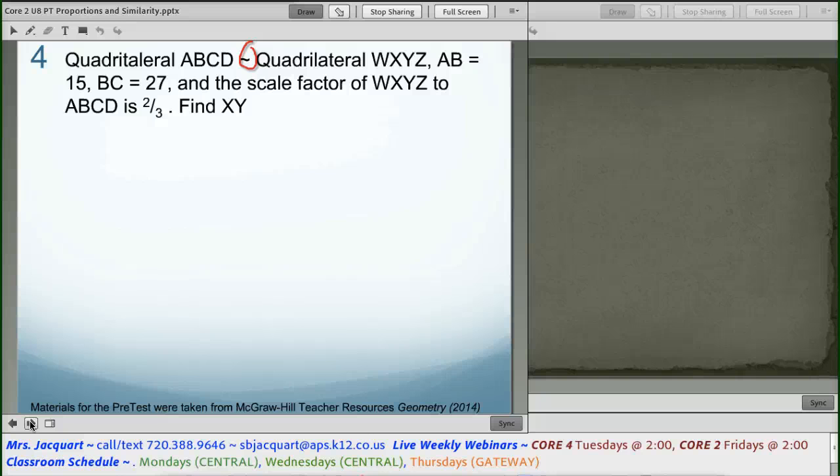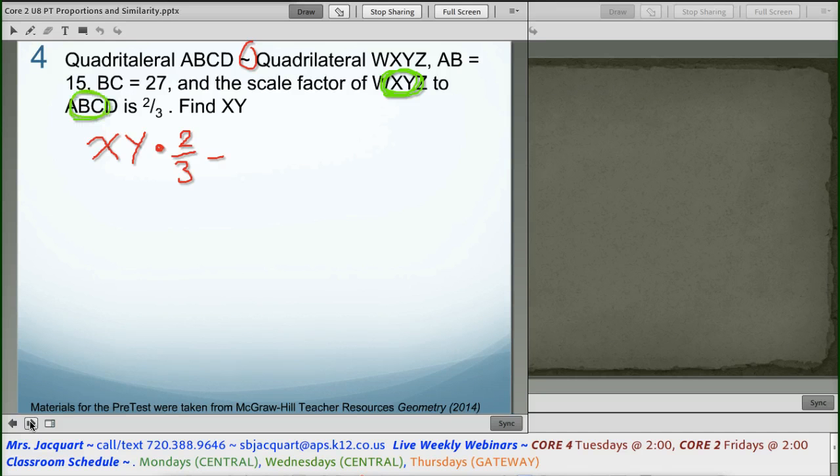In other words, if I take my XY and multiply it by 2/3, let's find out what we're going to get. My XY is right here, the middle of my quadrilateral. So what it's going to connect with is the middle of my other quadrilateral, because order matters.